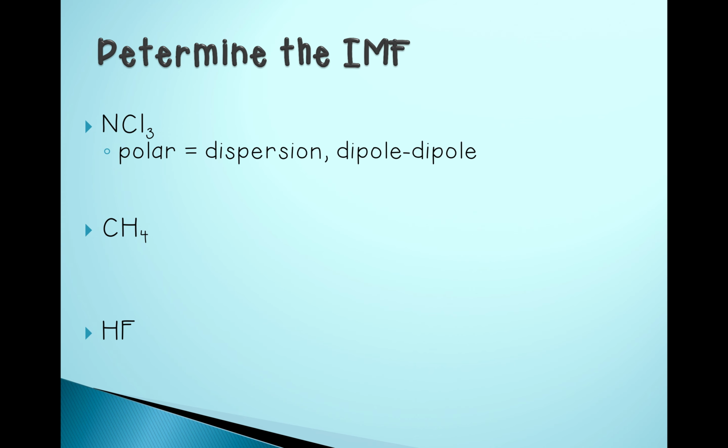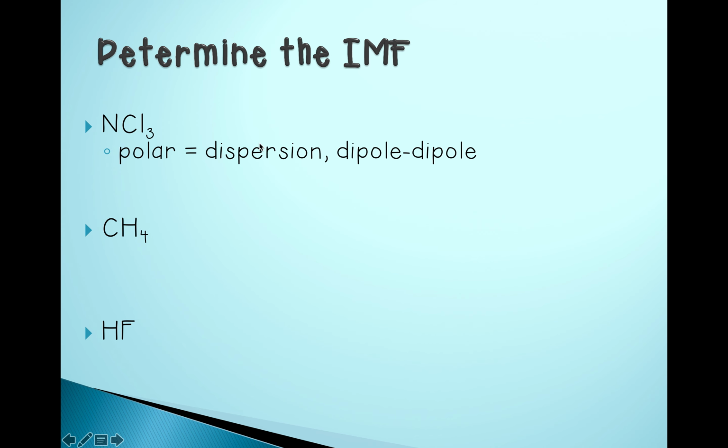So for our first one, NCl3, if you draw out the Lewis dot diagram, nitrogen has a lone pair on the center. And so that is going to be a trigonal pyramidal shape. And then when you figure out your trigonal pyramidal, you will figure out that you're polar. And polar means that we will have a dipole-dipole force.